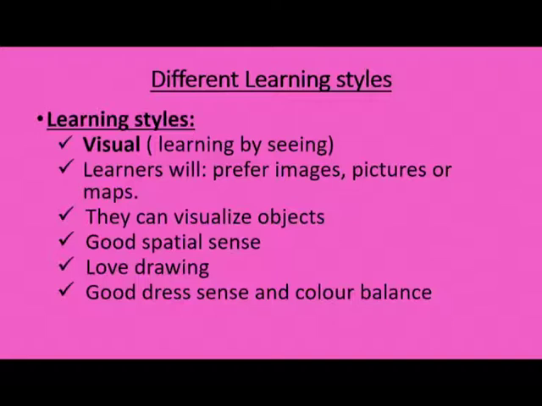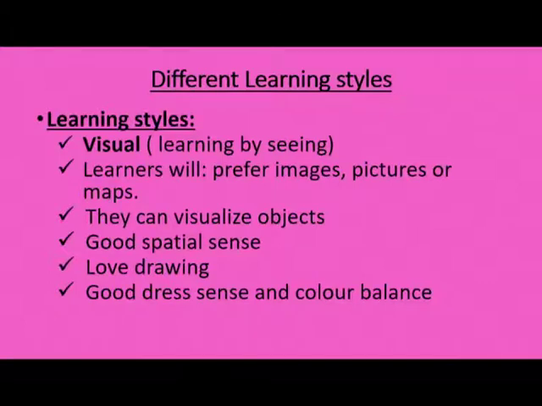So these learners, they prefer to learn by images, looking at things, through pictures or maps. They are the learners that can visualize objects. If you talk about a circle, they don't need to touch it, they don't need to see it, they visualize what a circle looks like. They have a good spatial sense, meaning they know how near or far things are.